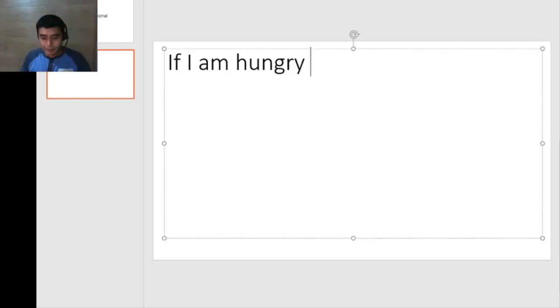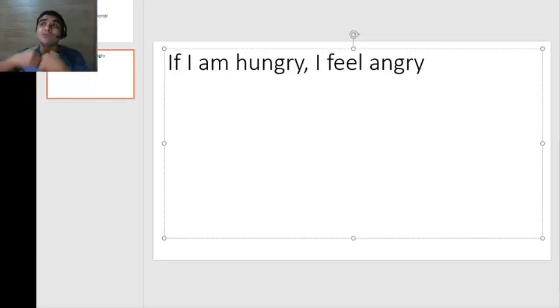This is the condition. "I feel angry" is my natural answer. That's what I always do, so it's like a natural law. It's a pretty simple example: simple present tense versus simple present tense.